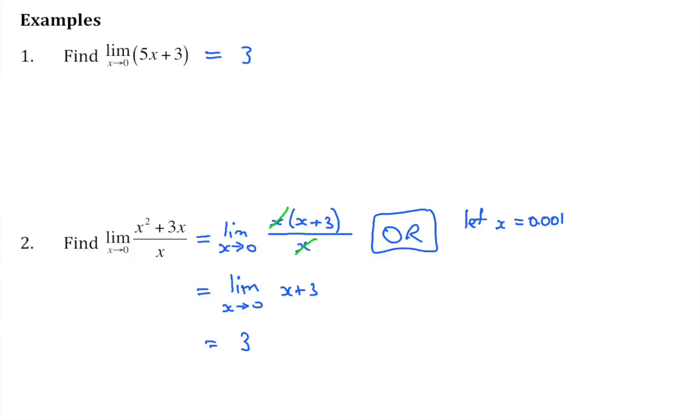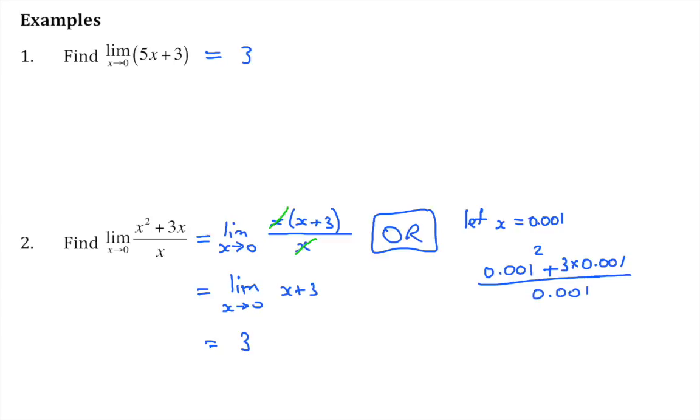So in the question, where you now see x, you replace it with 0.001, and you would get 0.001 squared plus 3 times 0.001 over 0.001.